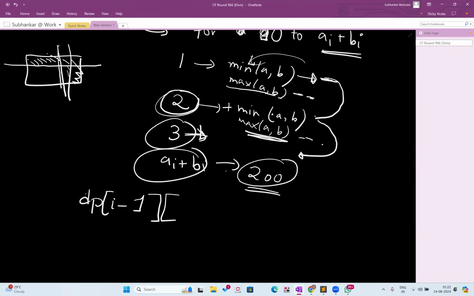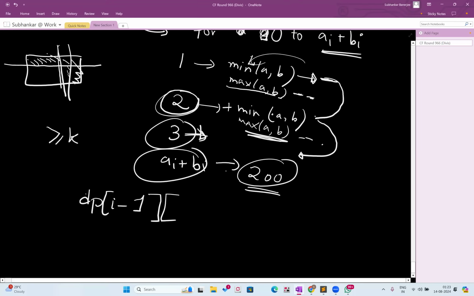And we have to find the minimum cost that we have to pay to reach score k or more, so we have to satisfy the condition that score is greater than or equal to k.